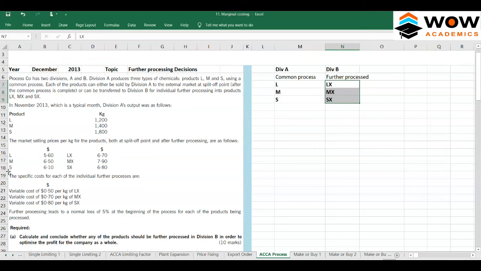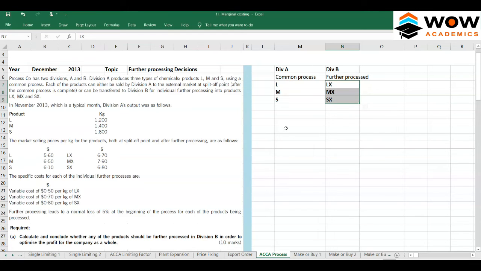The specific cost to convert them at division B is 0.5, 0.7, and 0.8. Further processing leads to a normal loss of 5% at the beginning of the process for each of the products being processed. So not all the units could be sold as they are. Some of the units could be lost.